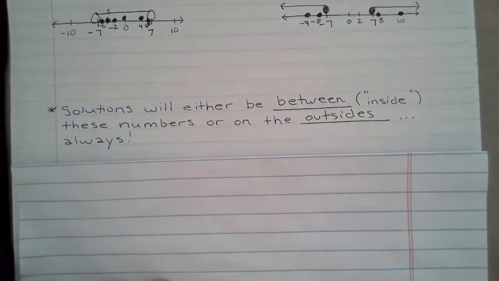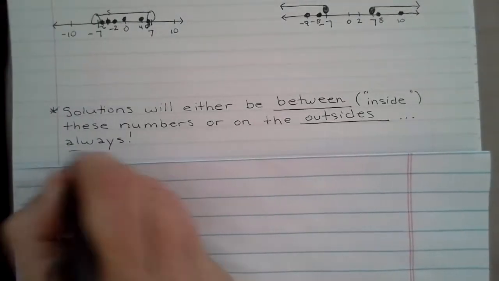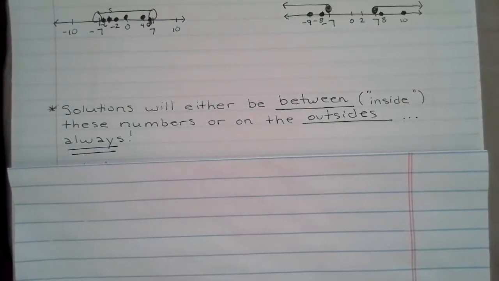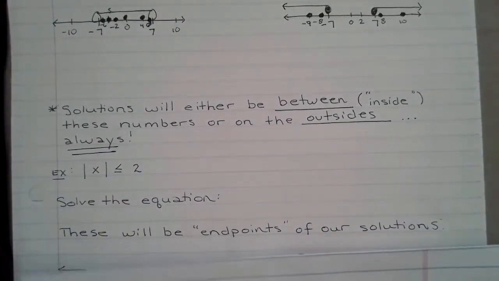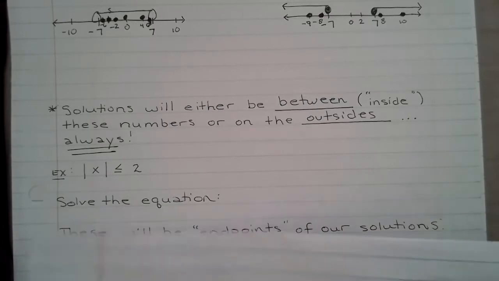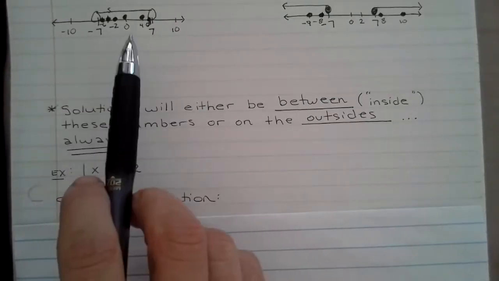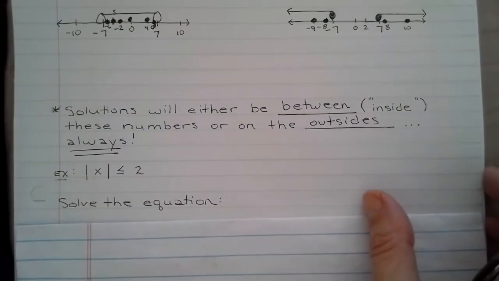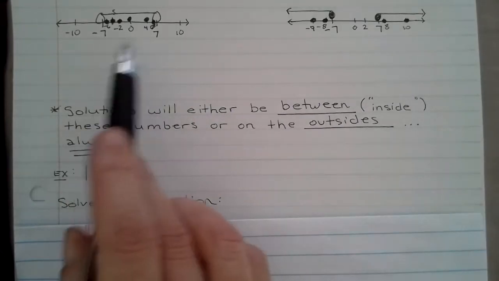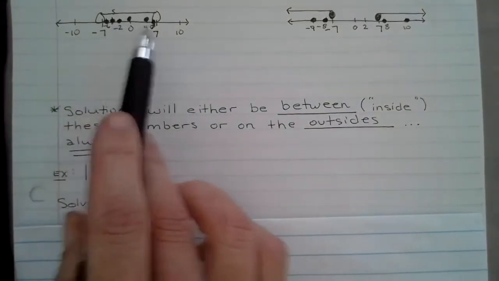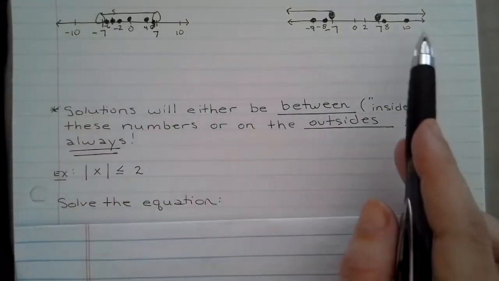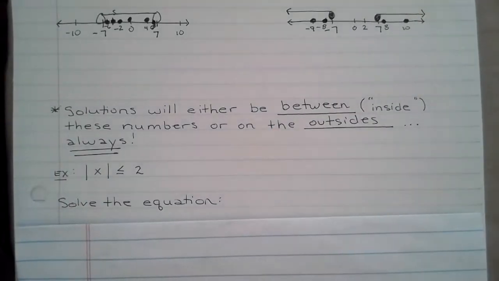And the best thing is the answer is always one or the other. What that means for us is that we don't need this many test points. We can just pick one, and if it happens to be inside and it works, then the solutions must be inside. If it happens to be on the outside, the answer is on the outside.